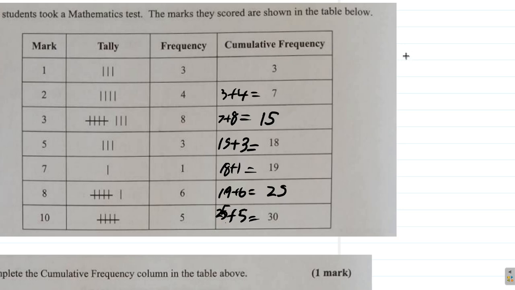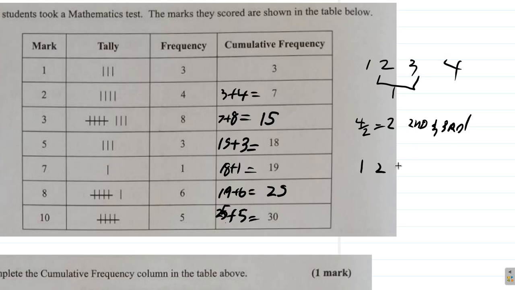Suppose you had 4 numbers, 1, 2, 3, and 4. These would be in the middle. The median would be the average of 2 and 3. How do you find this? 4 divided by 2 is 2, so the median is the average of the second and third.